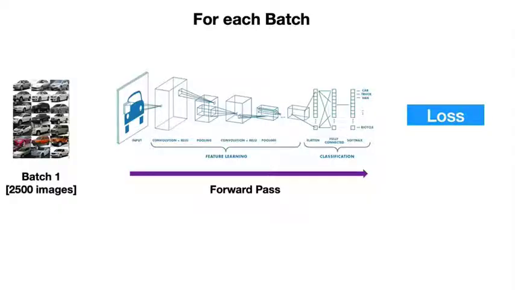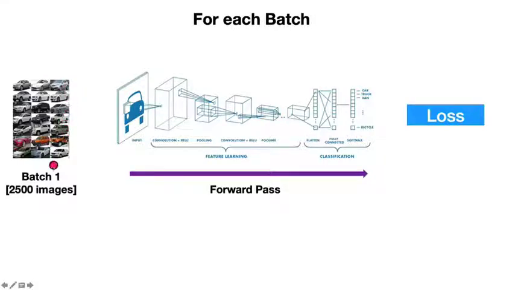So for each batch, which has 2,500 samples, I will first do the forward pass for all images in my batch. Remember, I am not doing a forward pass and back propagating for every single image at a time.